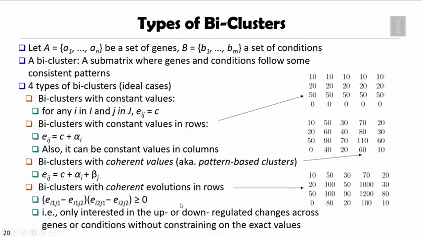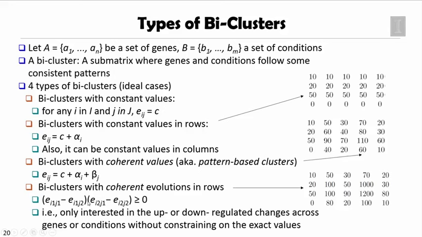That's also an ideal case. The last one could be where all these rows and columns have a relationship that is hard to find. For example, this increases by 10, this by 30, but this by 50, this by 0. If you find this, what is the relationship? You may find the relationship is that the increase or decrease follows the same trend.